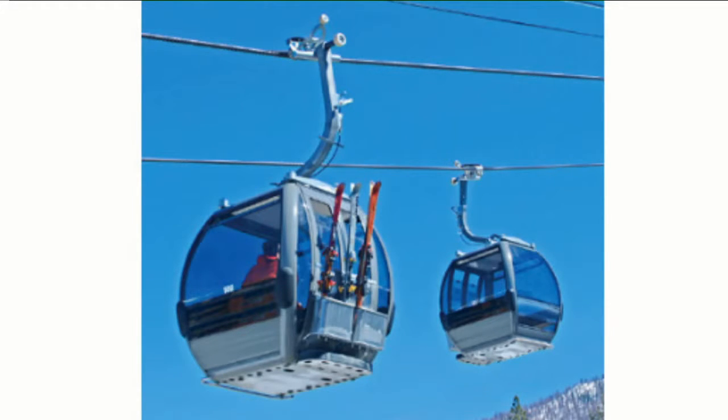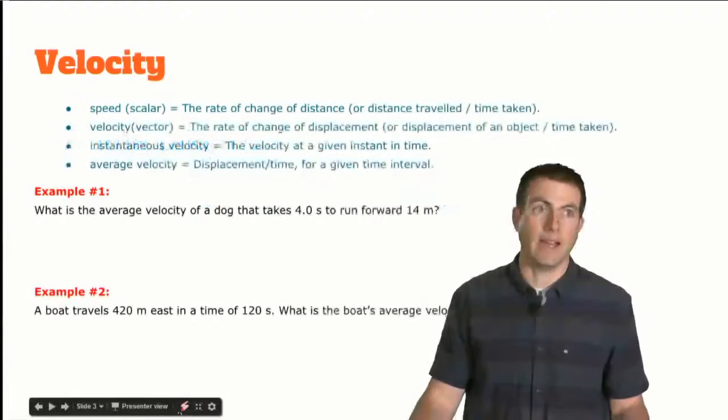The gondola that's going up the hill has, let's say, a speed of 30 meters per second, but it's going up. And the one that's going down the hill might have a speed of 30 meters per second, but it's going down. So their speed is the same, but their velocity is different. They're going in different directions. That's the distinction we like to make there.